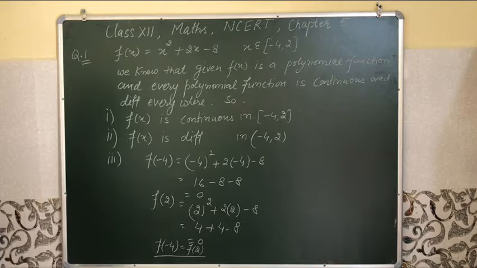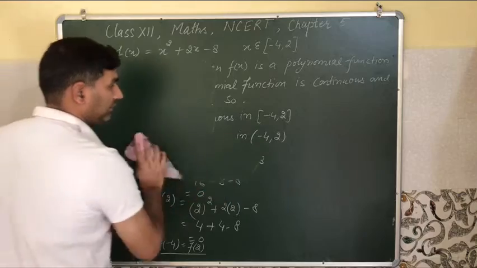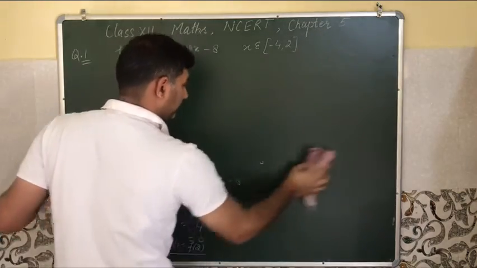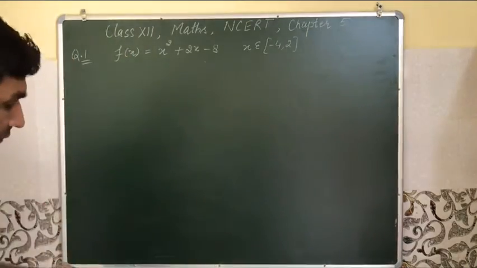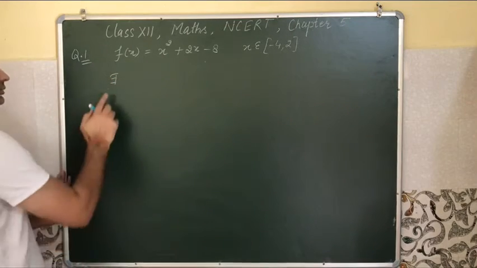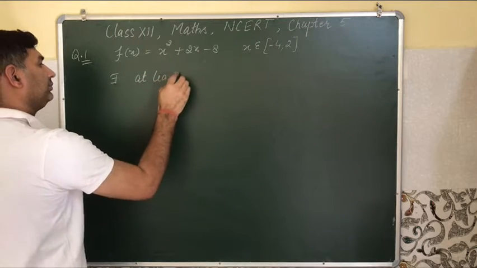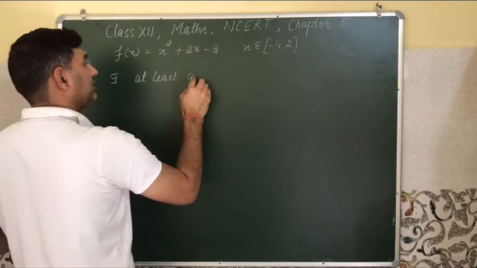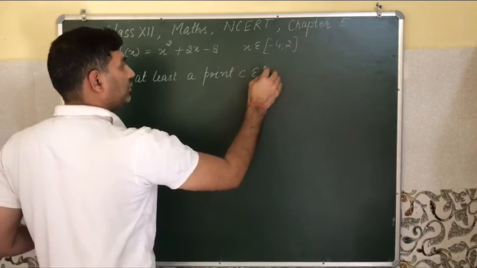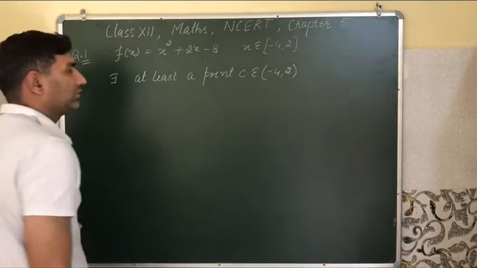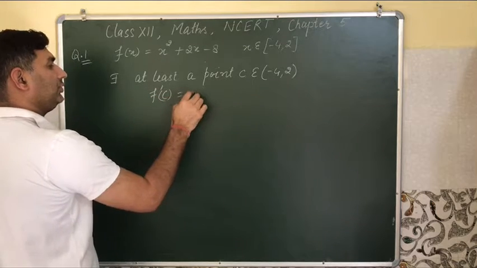And after this, we can say that there exists at least one point c in this open interval (-4, 2), such that f'(c) is equal to 0.